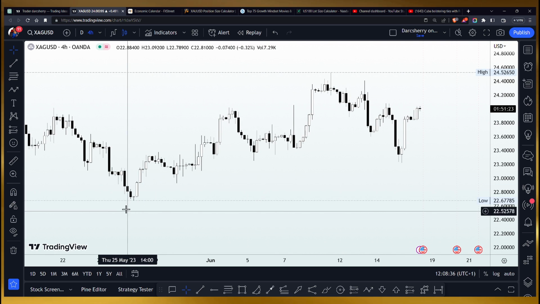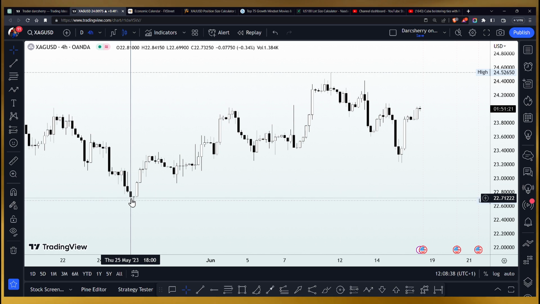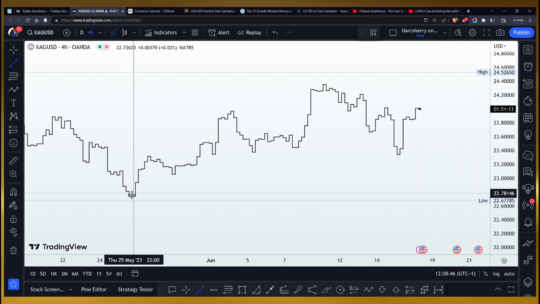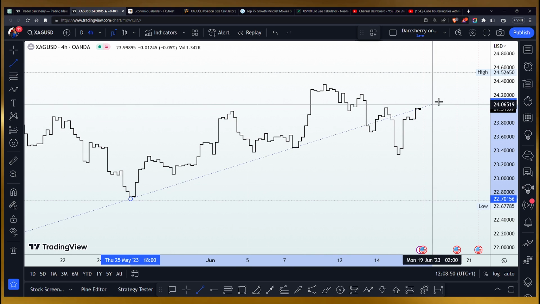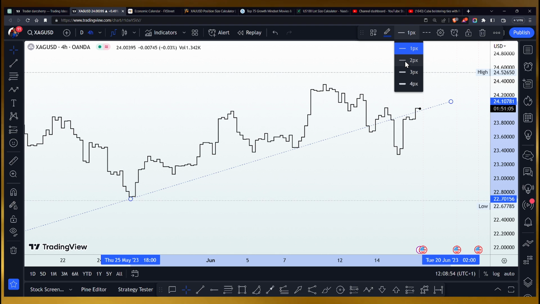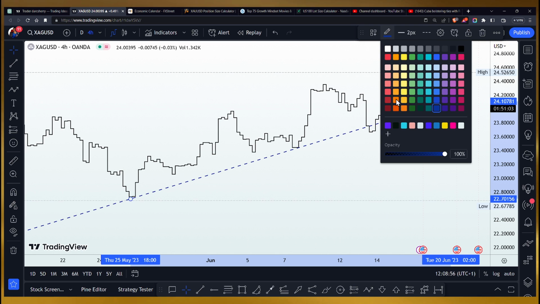So what I'm going to be doing here is to take into consideration the activity of price action since the last week of the month of May. And the first thing you will observe here is that price action has been bullish. So when we connect the series of higher lows, we have a beautiful ascending trend line.